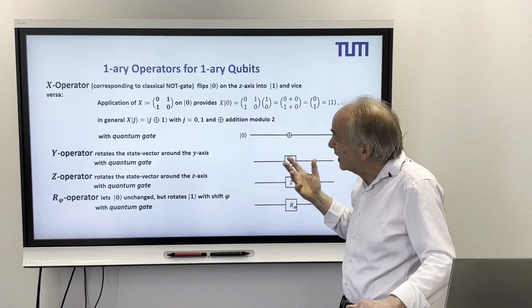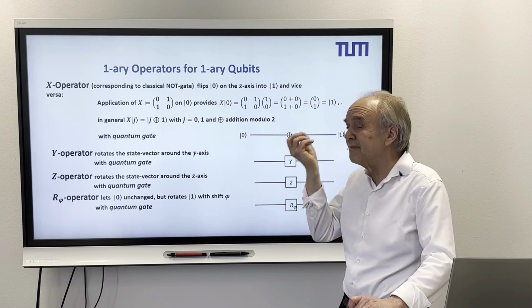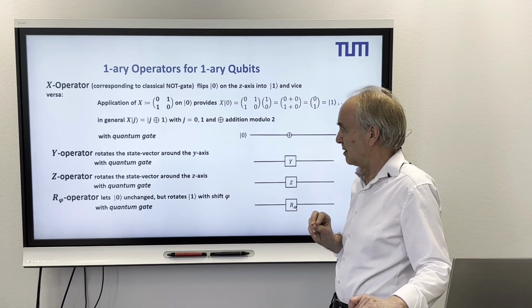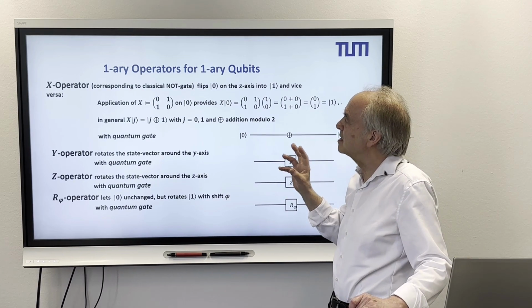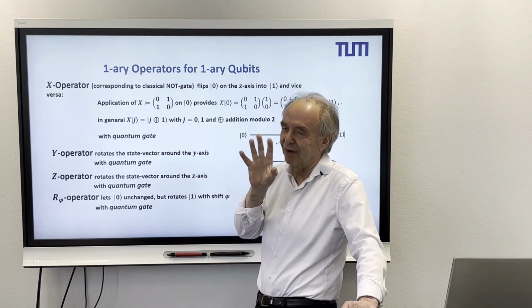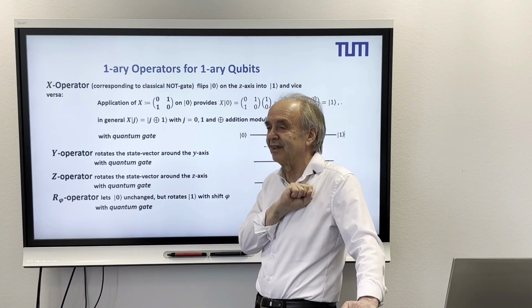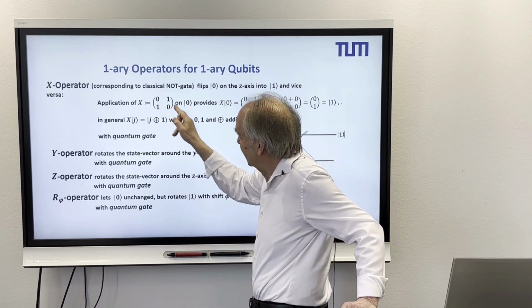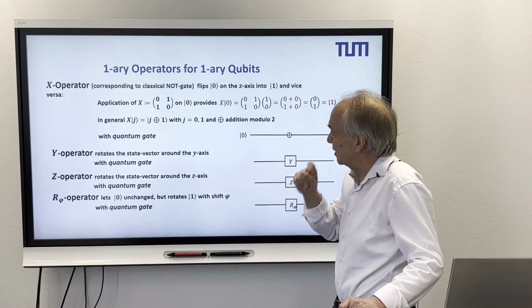And that, of course, needs a mathematical representation. The idea is that operators, very roughly speaking, are represented by matrices, such as this simple matrix.